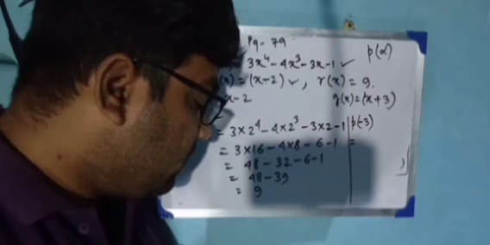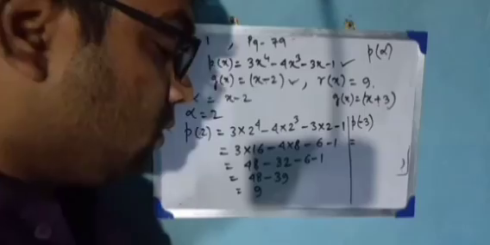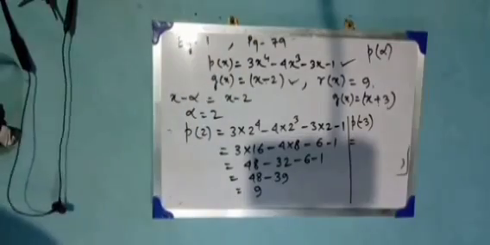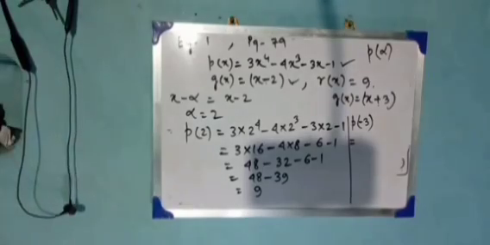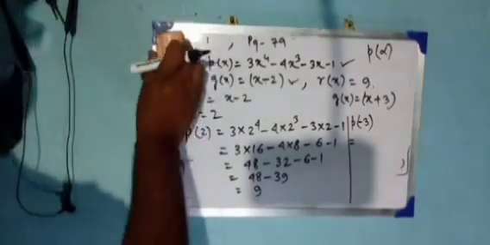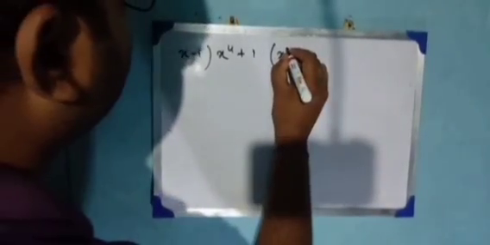Now, actual division. So here x to the power 4 plus 1 is divided by x minus 1. So we are getting here x cube.